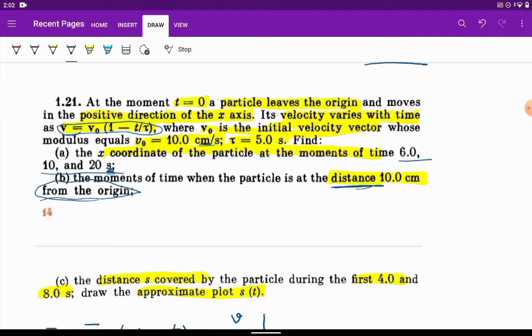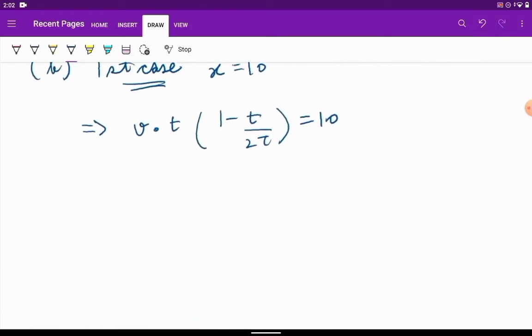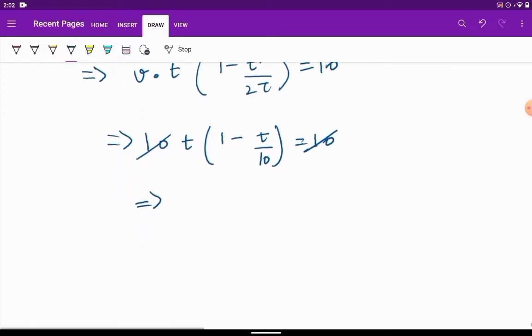V naught is 10, tau is 5, so it is 10, tau is 5, 2 fives is 10, the 10s cancel out, which means t into 1 minus t by 10 is equal to 1, right?